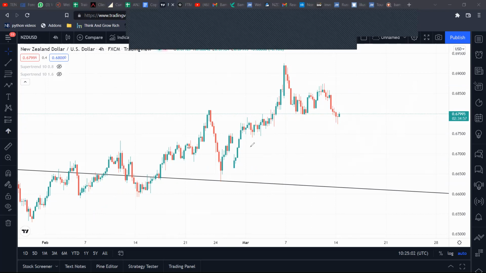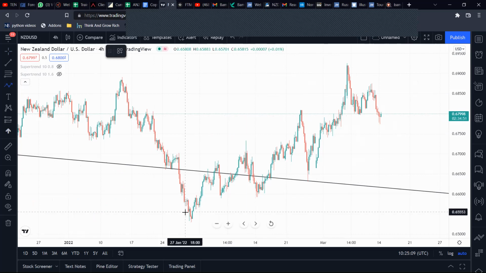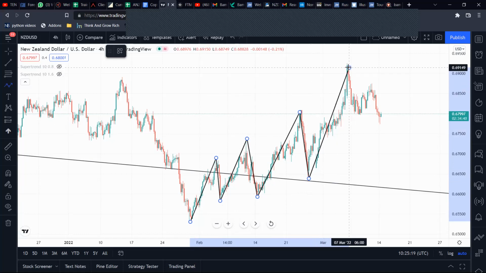So for this one, wait to see if we get down into a low, to higher low, to higher high, to higher low, to higher high, to higher low, and then higher high.